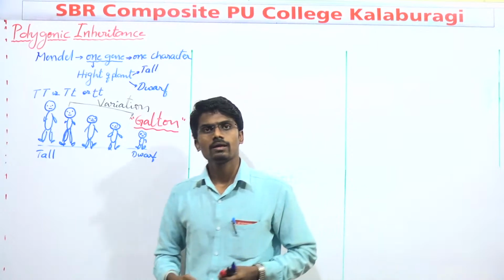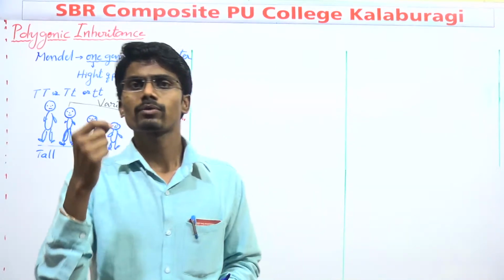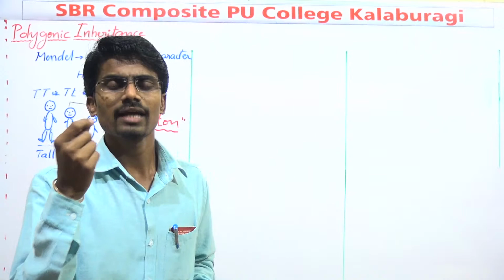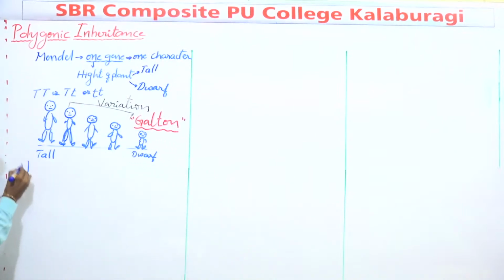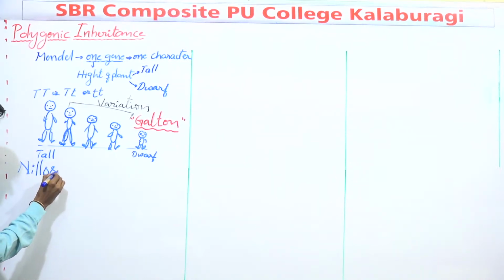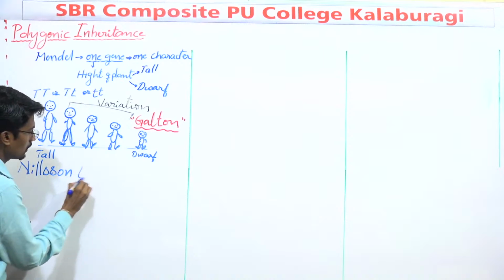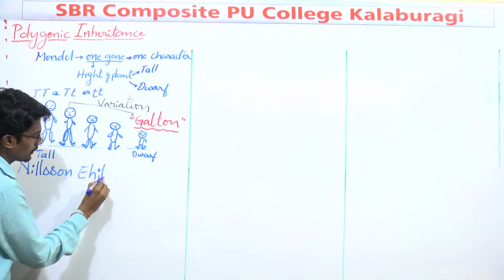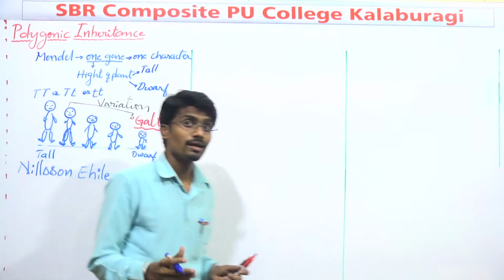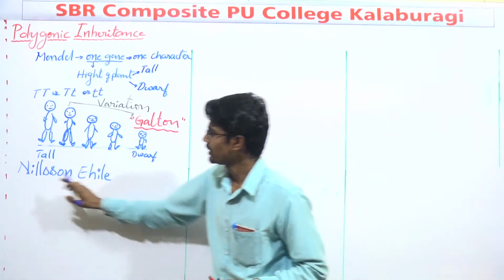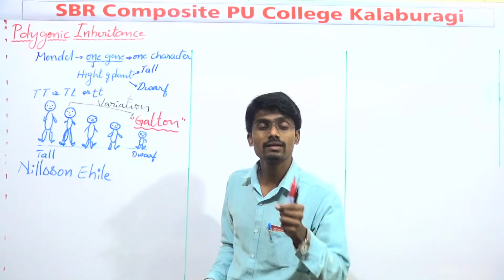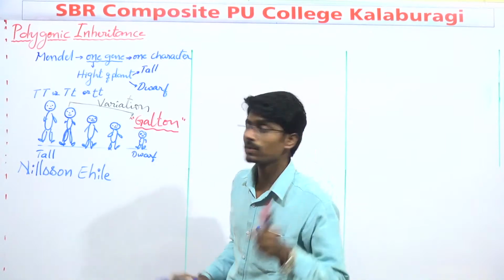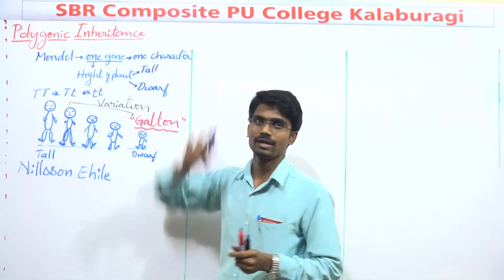First of all, this polygenic inheritance was proposed by one of the great scientists. His name is Nilsson-Ehle. Not Ahle, it is Ehle. Nilsson-Ehle is the first person who explained or described polygenic inheritance.